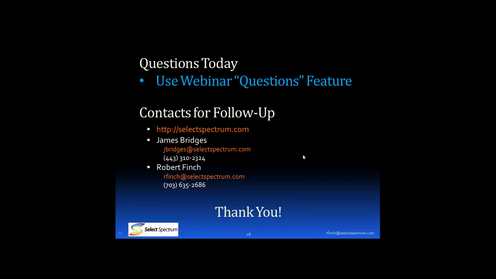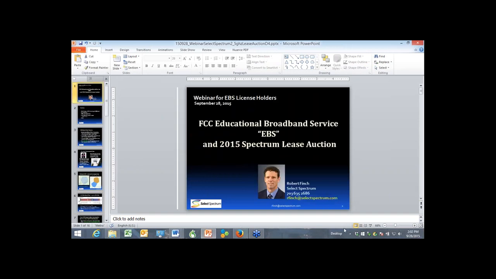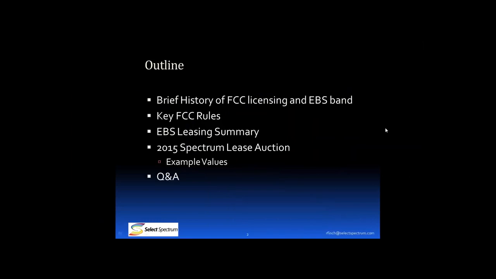So to advance to the first screen. Looks like I started on the end here, so we'll go back to the beginning. The outline of what we'll be talking about today is laid out on this slide.